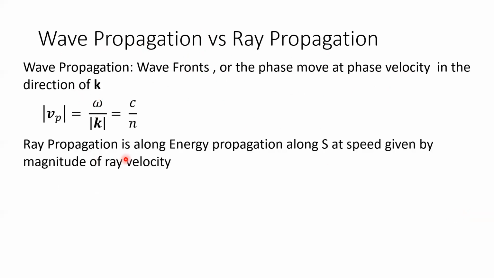Ray propagation is the way in which the energy moves or energy propagates or flows. So one is wave, other is ray. Okay? Ray moves along the direction of the pointing vector at the speed given by the ray velocity VR.